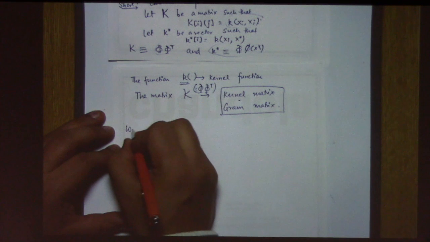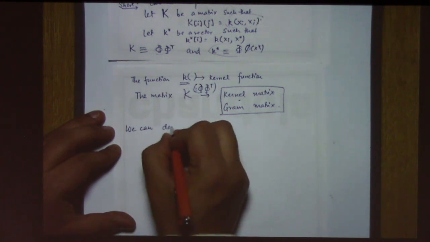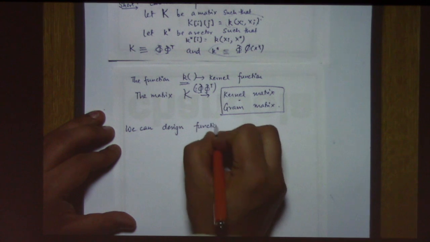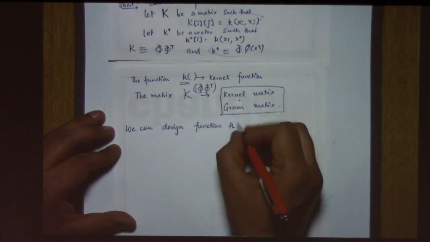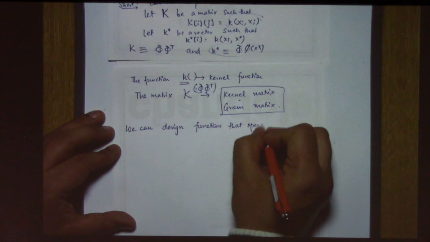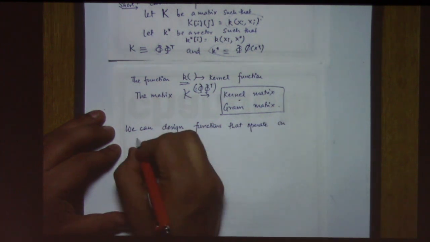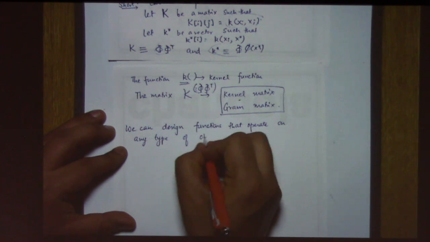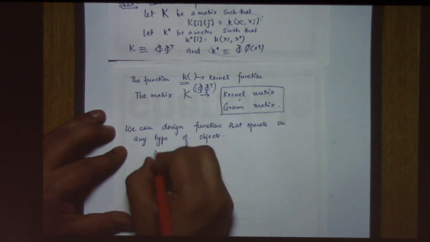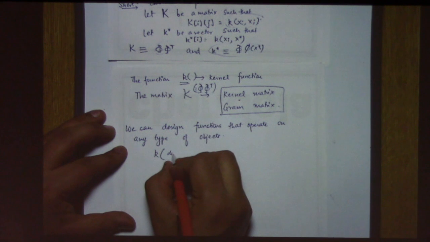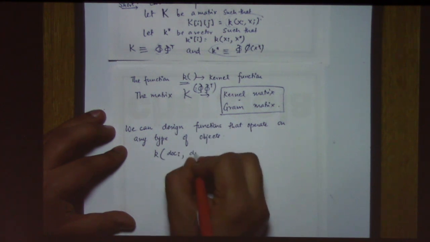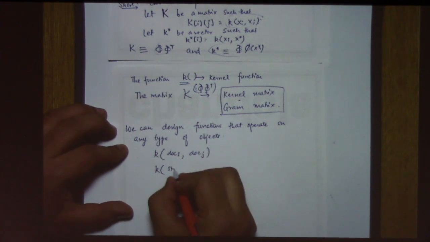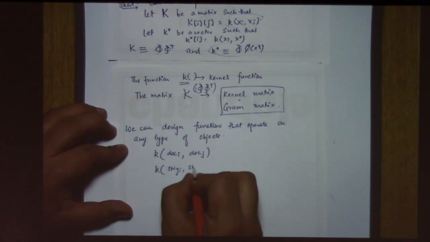So now we can design functions that operate on any type of objects. You can have a function which takes document i comma document j, or a function that takes string i, string j, and so on, right?